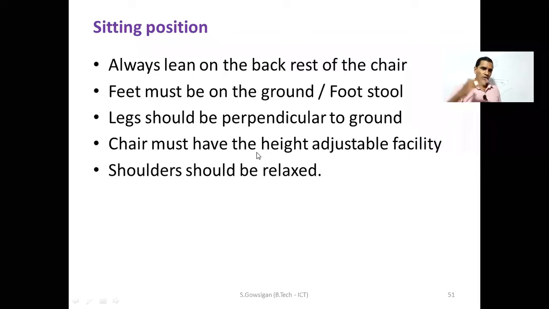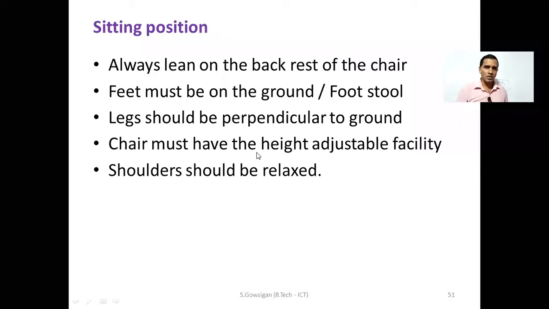So remember, anybody, it may be the tallest person or the shortest person, anyone can use a computer. But as we discussed earlier, the height of the computer table cannot be changed, right? Computer table has a standard height.